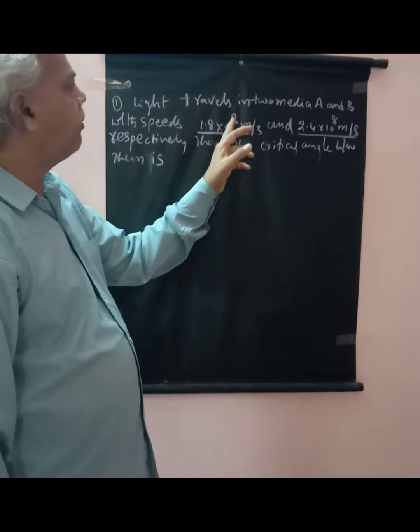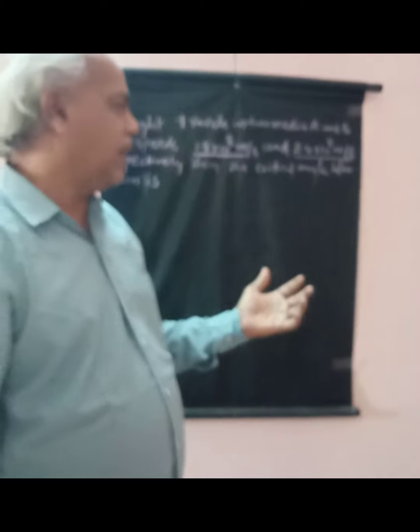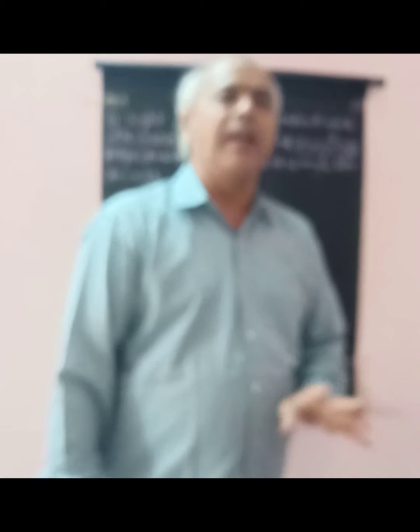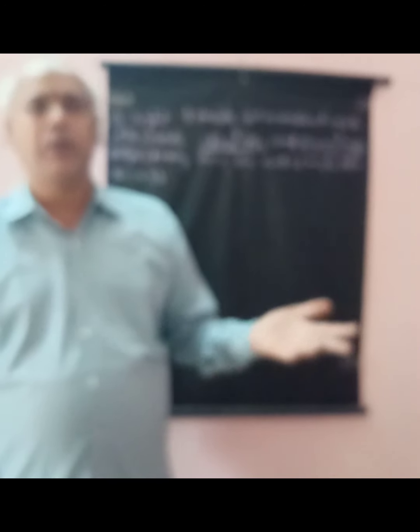Here, what is critical angle? The angle of incidence at which the refracted ray grazes the boundary is called the critical angle. Here we are finding the refractive index of the denser medium with respect to the rarer medium.